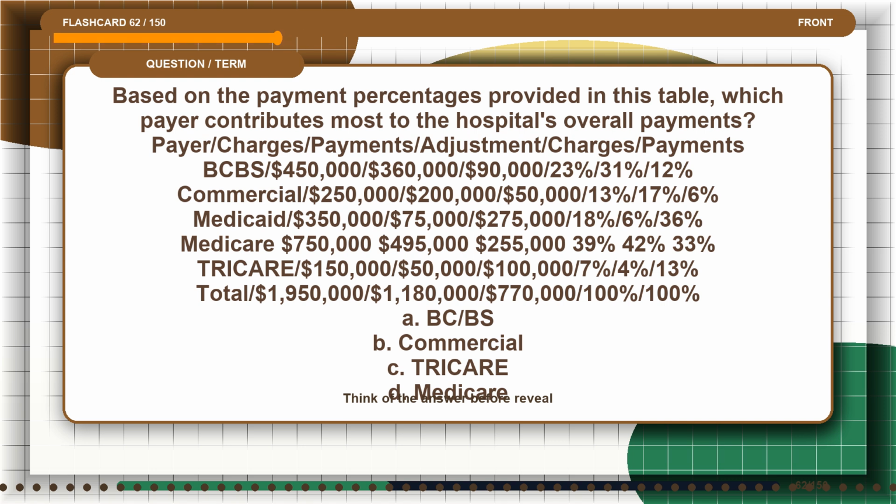Tricare: 150,000, 50,000, 100,000, 7%, 4%, 13%. Total: 1,950,000, 1,180,000, 770,000, 100%, 100%. A. BCBS B. Commercial C. Tricare D. Medicare. Think of the answer before the reveal.